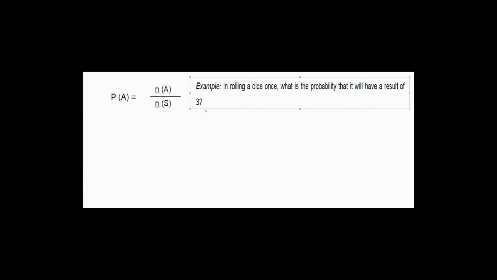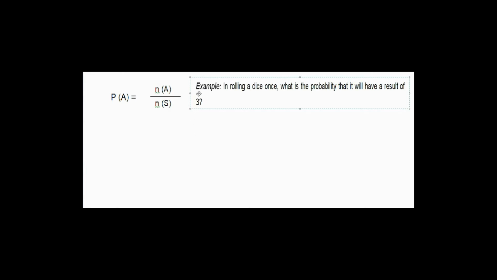So we have an example here on how to compute probability. In rolling a dice, what is the probability that it will have a result of 3? Imagine a dice has 6 sides.